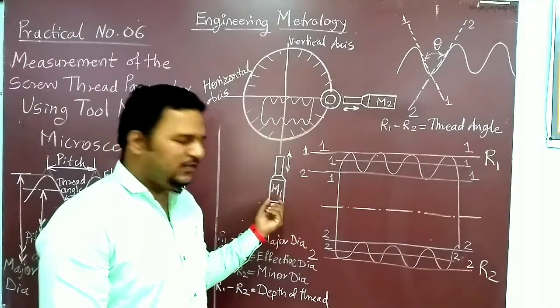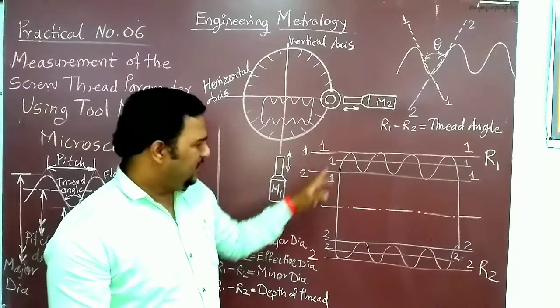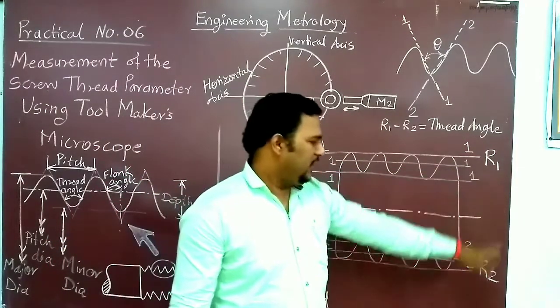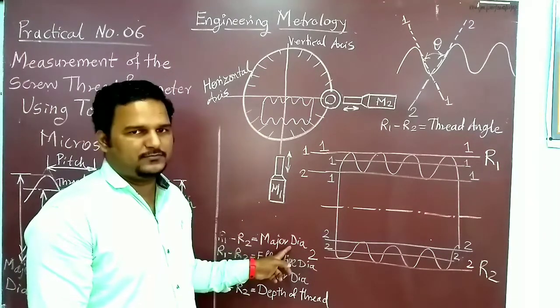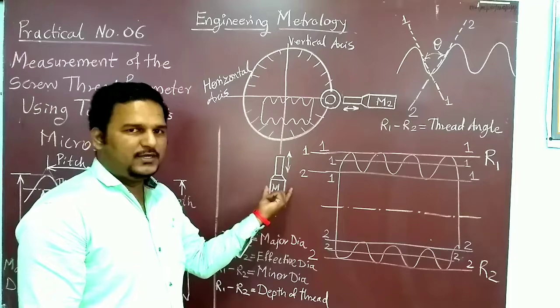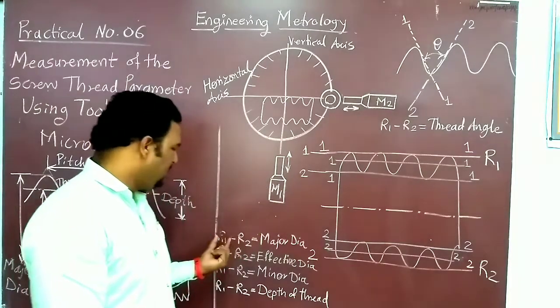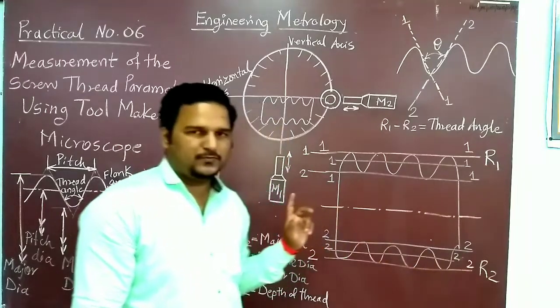We rotate this M1 and take the reading at 2, 2. So this red color is giving you reading 1 and reading 2. Subtraction of R1 and R2 will give you the measured diameter. R1 and R2 are taken from this micrometer, the reading on the micrometer for each location, 1, 1 and 2, 2.